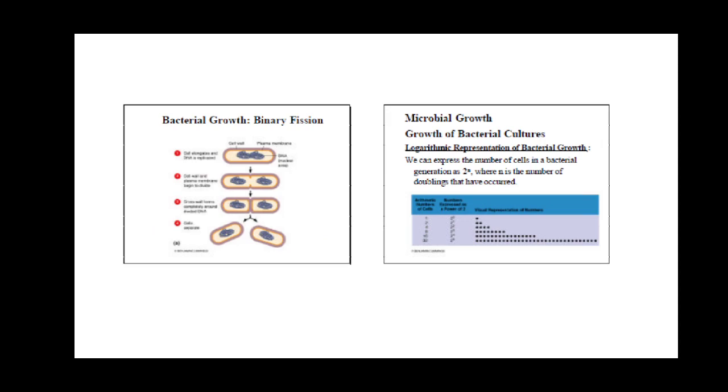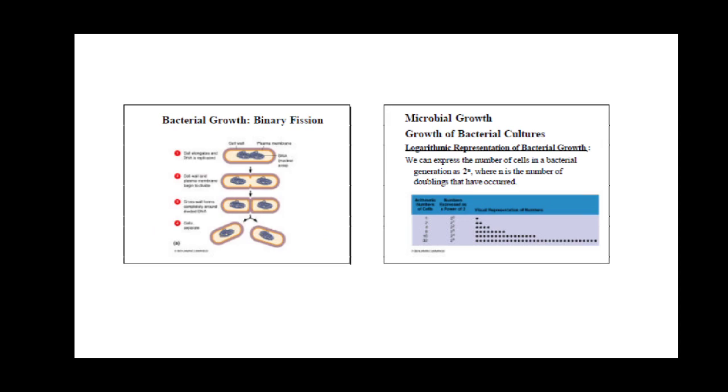Then we will see how microbial growth is happening, the growth of culture, in which there are different stages. The logarithmic representation of the bacterial growth curve is possible. We can express the number of cells in bacterial generations as 2 raised to 1, 2 raised to 2, 2 raised to 3.